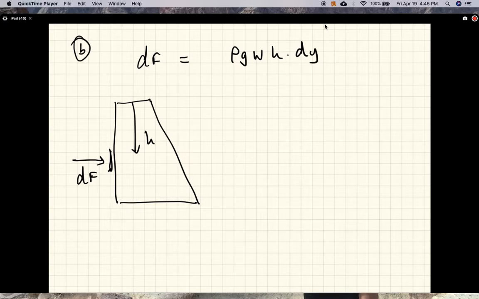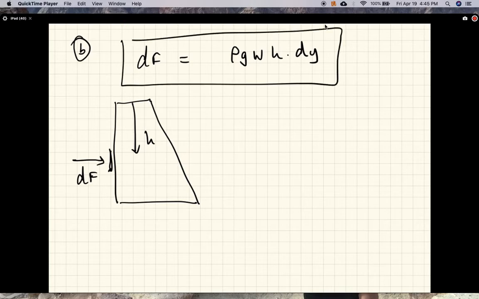And as we said, since the force is increasing linearly with depth, the wall has to increase in thickness to counteract that force. And so that's it. Okay. So that takes care of that problem.